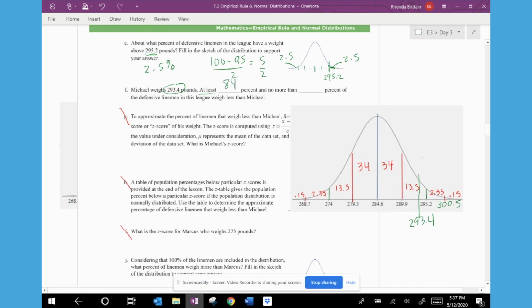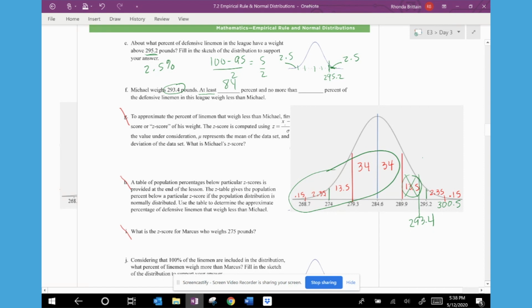Now, again, we don't know how many people weigh exactly that or above that, but we know that he also is no more than blank percent of the defensive linemen. So if I look at what is left of the curve, we did not add this. If we added all of these up, that's going to give us 84%. Okay, we didn't add this one. So I'm not really sure how many data values are in here, but I do know that he's not going to exceed 295.2.